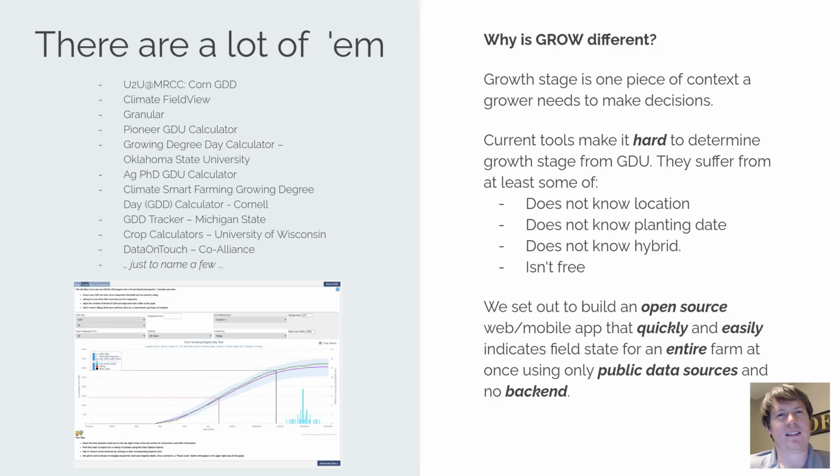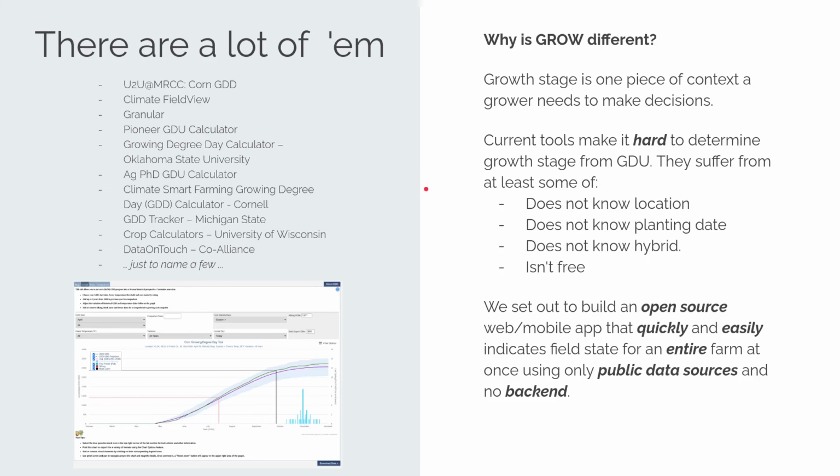And the tools that exist around GDUs right now make it difficult to go from GDU to growth stage estimation. There's a couple of reasons, but the primary ones are that most of these tools don't have any mechanism to remember where you planted, what you planted, and on what day you planted. So you have to re-enter that data for every field every time you want to use it. It's really almost no easier than just scouting yourself.